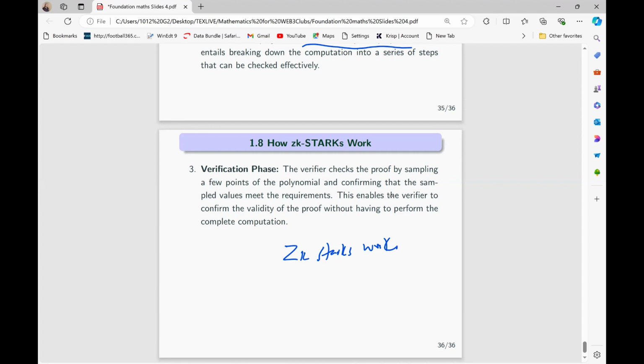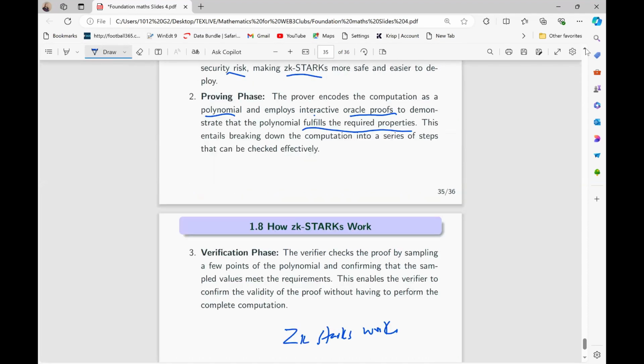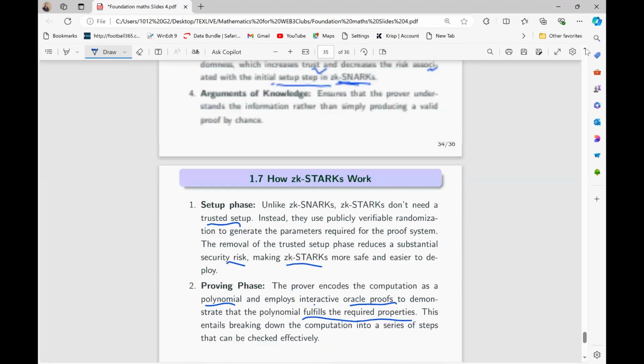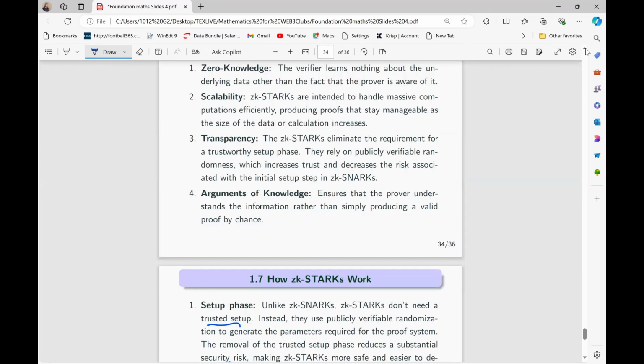So we've seen the ZK stack, so we know what it means and how it works. We've also seen the ZK snarks. Both of them are used currently, but the ZK stacks came later, after it was discovered that the first phase in the ZK snarks had loopholes which could be capitalized on by attackers on the blockchain.